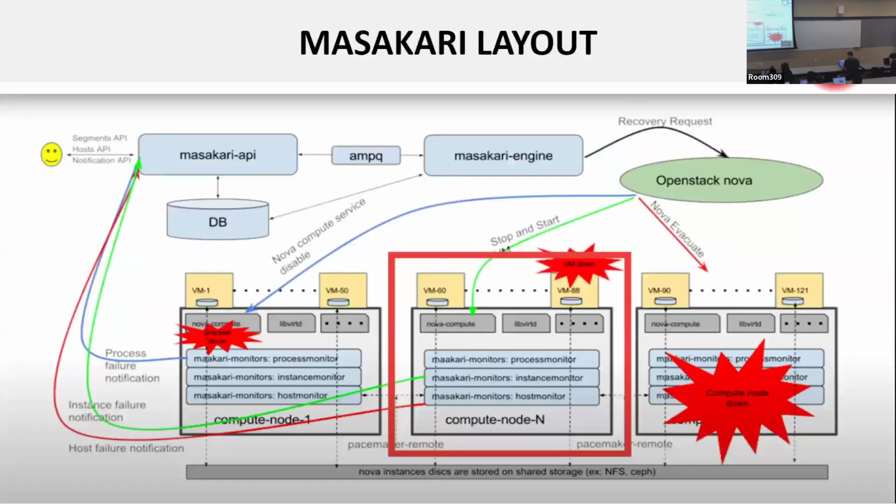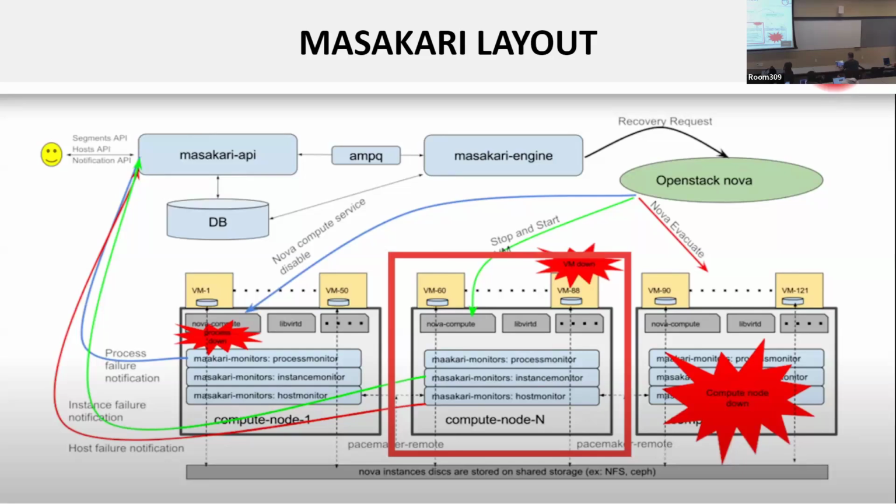This diagram shows how it works. You have your main components: the Masakari API, which processes API requests, talks to the database, and sends RPC messages to the different Masakari monitors and the Masakari engine. The Masakari engine is the middleman that talks to Nova.